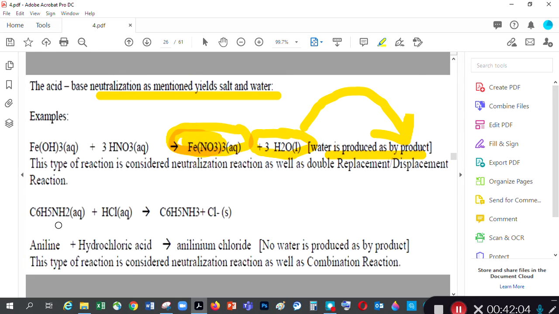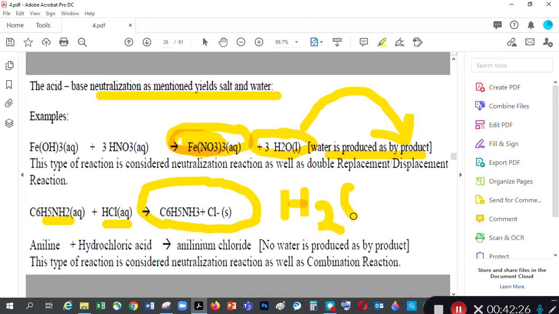Now here, if you have, for example, aniline, that's a weak base, with HCl, you get anilinium chloride. There is no H2O. There's no byproduct H2O.